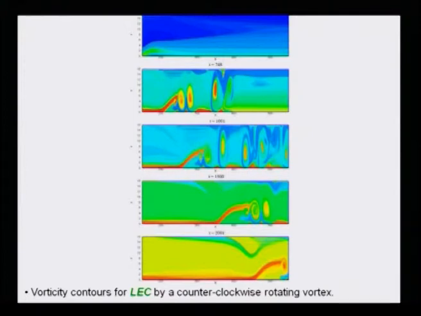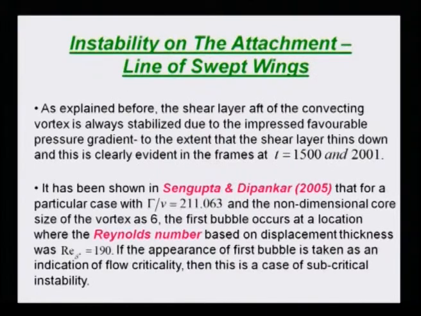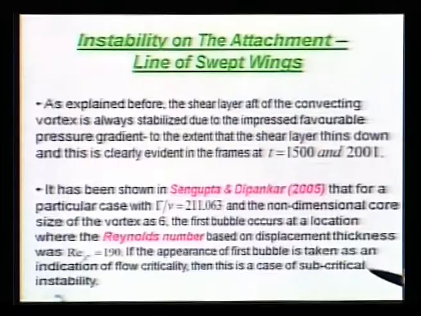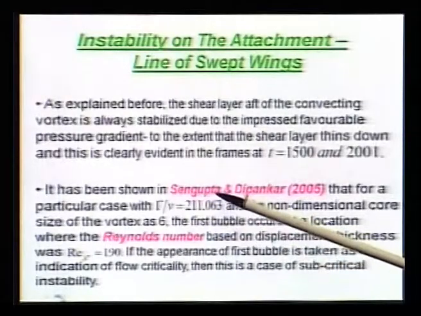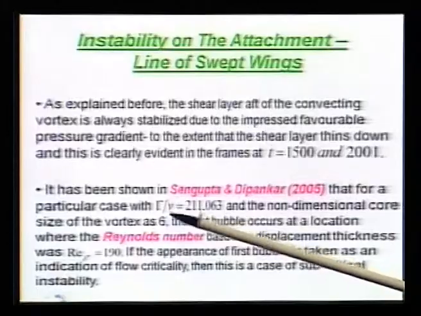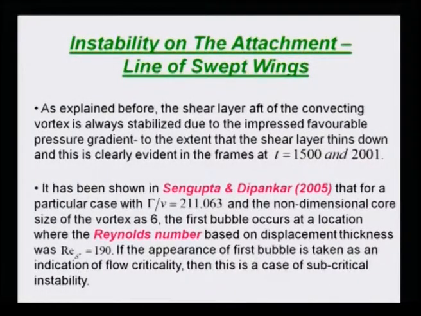Now, this is what we commented upon. We did talk about this, that we have looked at a very particular case of gamma v in terms of this, that corresponds to a chord diameter of 6.